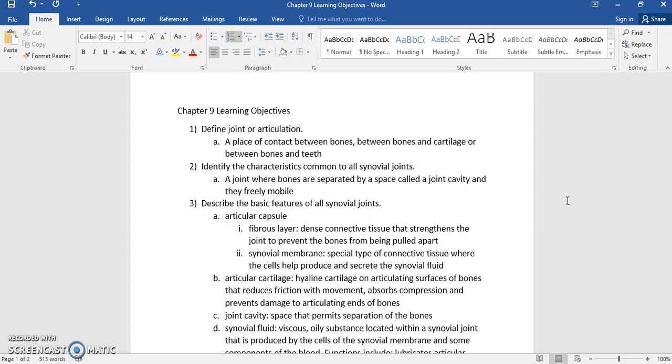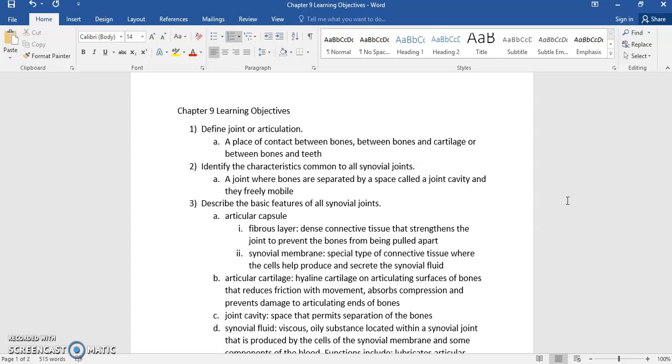And then the other thing that's unique about our synovial joints is they are freely mobile. So these are the joints where we can actually move, and we can move in a really large, extensive range of motion. So examples of our synovial joints, which we are really familiar with, are our elbows and our shoulders, our knees, our hips, the joints in our wrists and ankles and fingers.